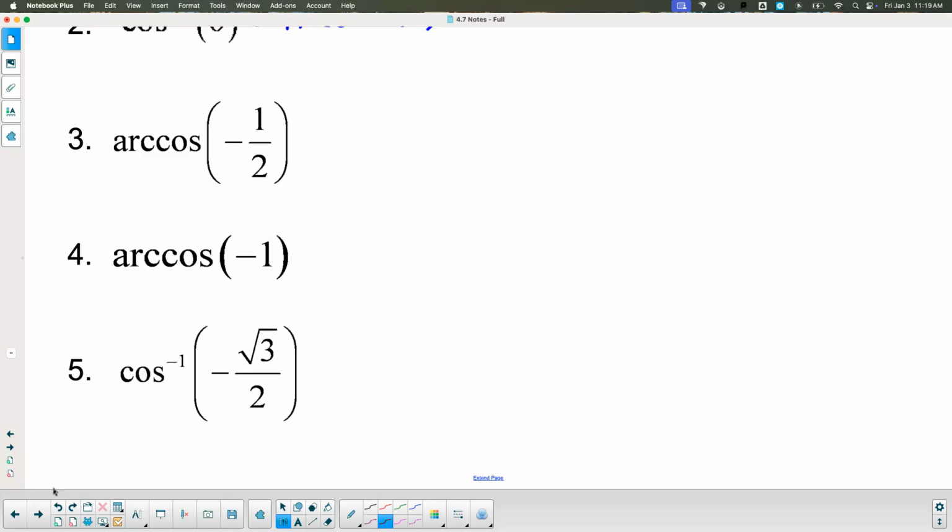I would concur. Top half, where is cosine negative 1? Pi. Top half, where is cosine negative root 3 over 2? 5 pi over 6.